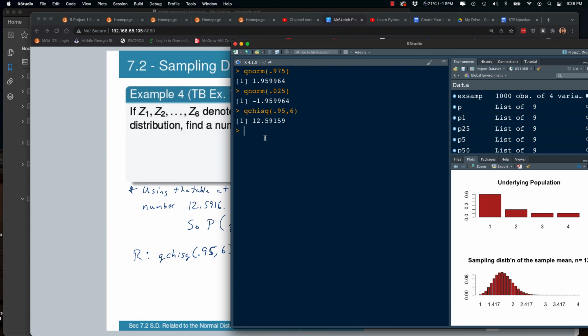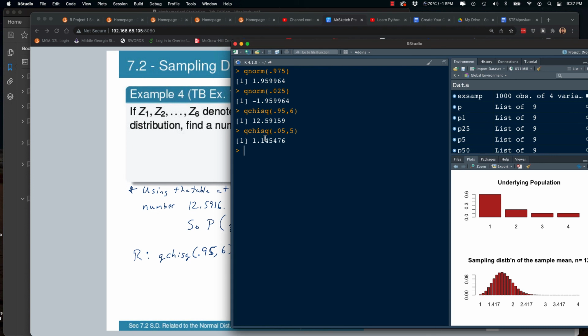We could have found it a slightly different way, and this is the thing I want to remind you of, if it's been a while since you've used these distribution functions in R. If I plug in qchisq of 0.05, which is the alpha value, comma 6, it's going to give me the value at the bottom of the curve, which is 1.145476.